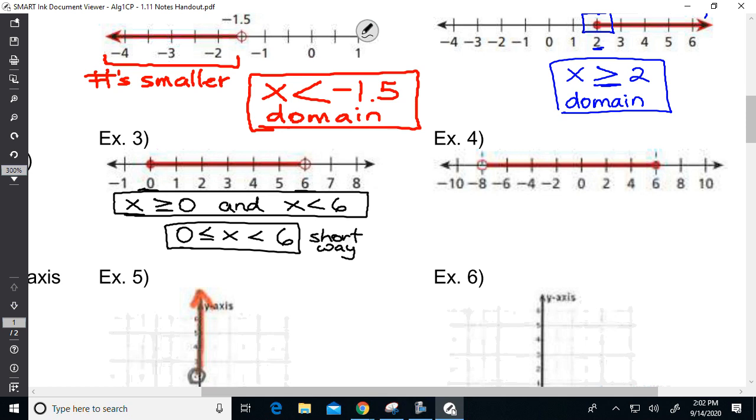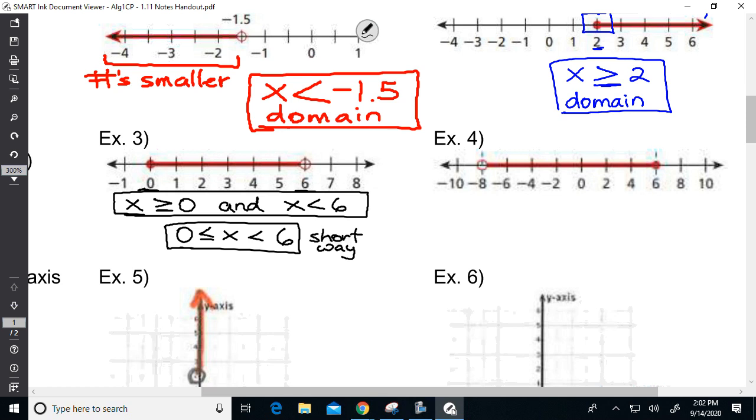But, let's see, how do we get this answer? Okay, well, which part? I'm definitely glad that you're asking, but the short way? To get the short way answer, notice that all the numbers are in between. We want all the numbers in between.